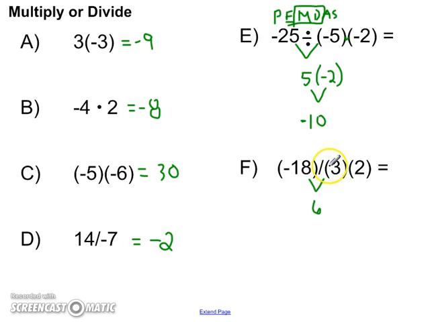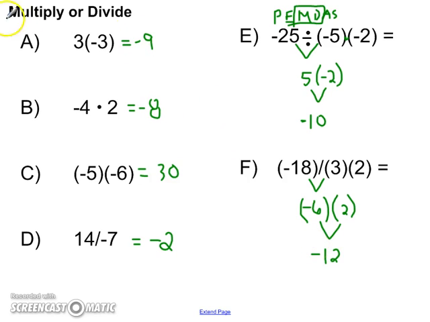A negative and a positive, the signs are different, so negative. Okay, and then I can bring down my 2. 6 times 2, we've got to maintain this multiplication, is 12. A negative times a positive, well, the signs are different, so negative answer. So negative 12 is my solution.